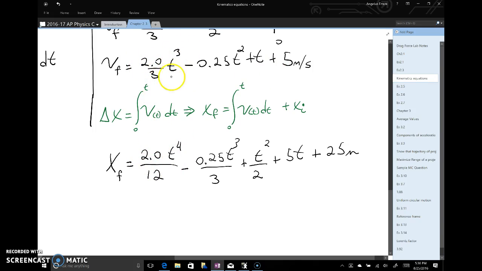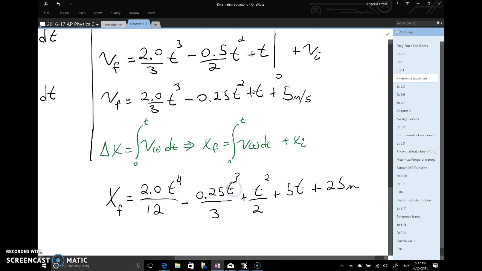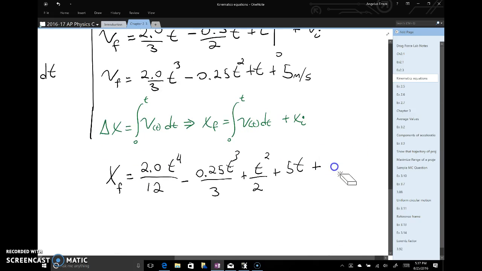So again, we're going to take that integral here, and each of these terms we can see what's happening. t cubed over 3 is going to t to the 4th over 12, and so on. Again, when we plug in 0, that would be our initial displacement. So 0, 0, 0, 0 plus, let me not skip a step here.